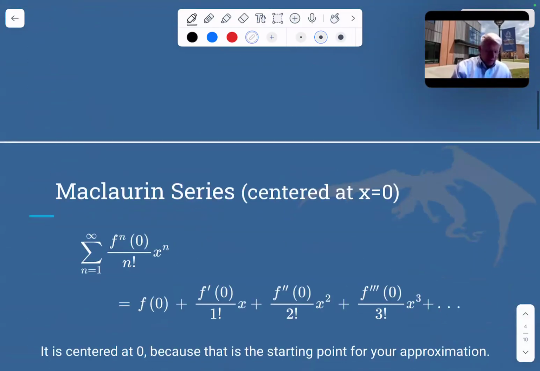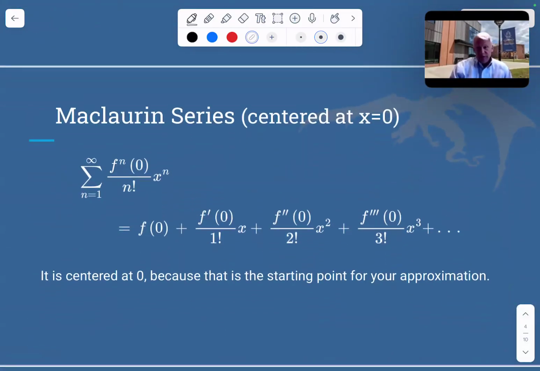So if you ever see a Taylor series centered at zero, or you see a Maclaurin series, you just know it's centered at x equals zero. I did notice right before I started this that I have a typo. This right here should be a zero because n is going from zero to infinity.